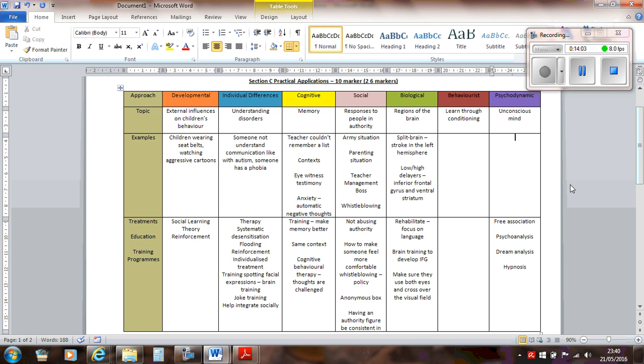Examples of what they might give you might be that I don't know, they've got maybe a phobia, maybe some kind of disorder, maybe some mental health issue. They're not sure why, or they're feeling angry, they don't know why.